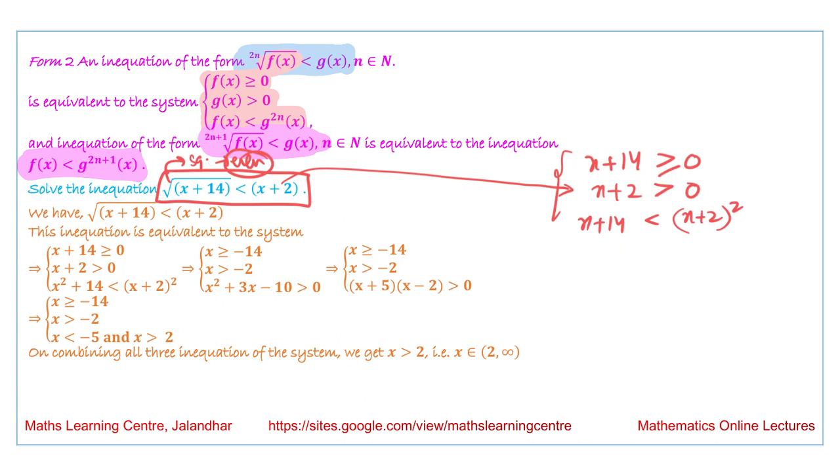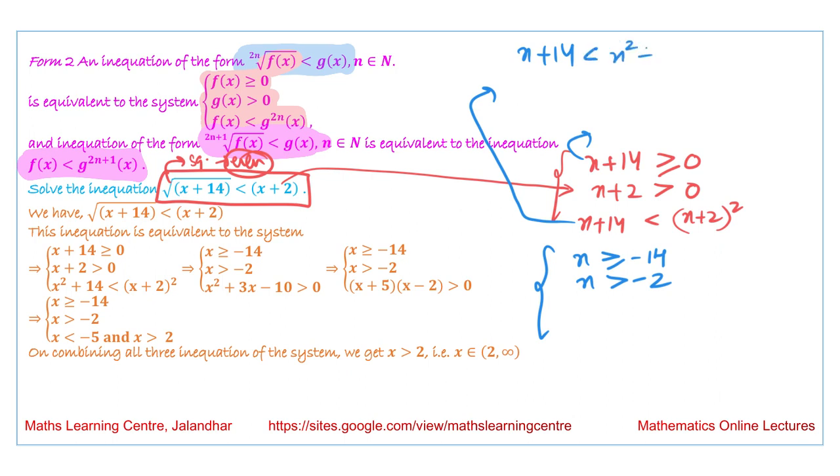Now this first condition gives us these three conditions: x is greater than or equal to minus 14, x is greater than minus 2, and this last one, if we solve, it is x plus 14 is less than x square plus 4 plus 4x.